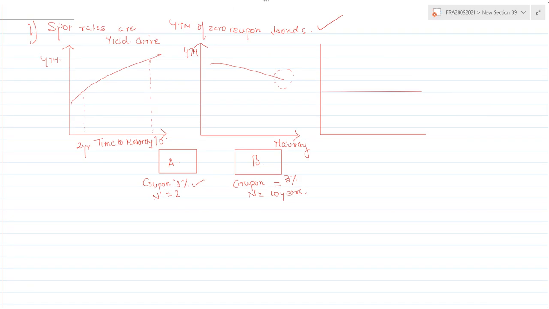Now, when I use spot rates, or a sequence of spot rates, to price a bond, it factors in the shape of the yield curve. If spot rates are increasing as maturities are increasing, that is, long-term bonds have higher spot rates than shorter term bonds, then the investors believe that everything is okay with the economy.